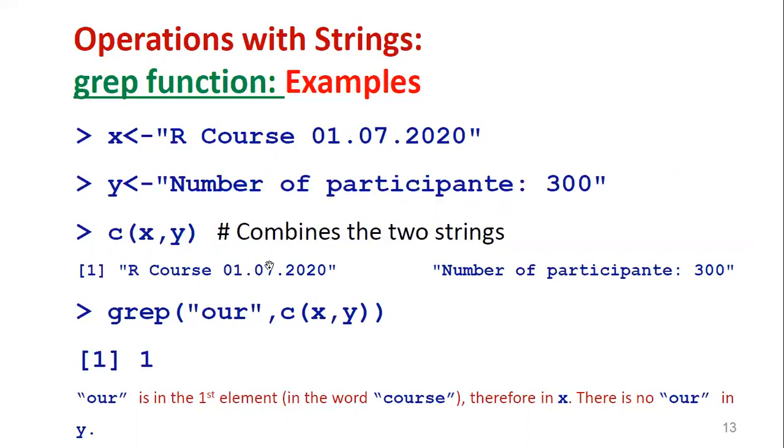So in R course, "our" is there, so its string position is 1. Here we did not mention value equal to false or true. By default it takes the index only, that is false. In number of participants, "our" is not there, so only the first element has it, so it displays 1 as the index.